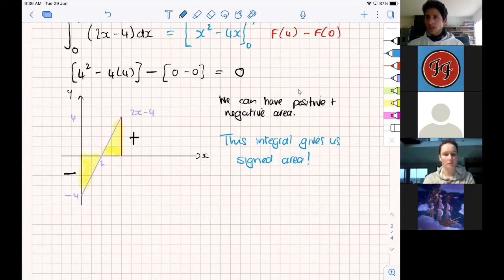So if I wanted to find the area under the graph, I would have to take the unsigned area. In other words, I would have to subtract that negative area, because two negatives make a positive. I'd have to add the two areas together.